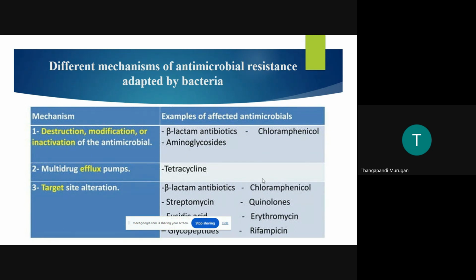If you want to assess this data about the antimicrobial spectrum, there is a very solid database where you can get almost all of the antibiotics, antifungals or antivirals. Whichever drugs have been introduced in the world market till date, you can get from the manufacturer or from the FDA.